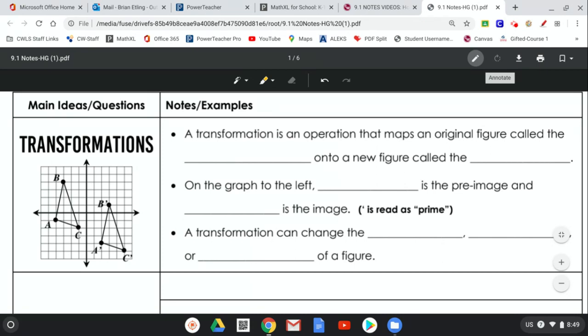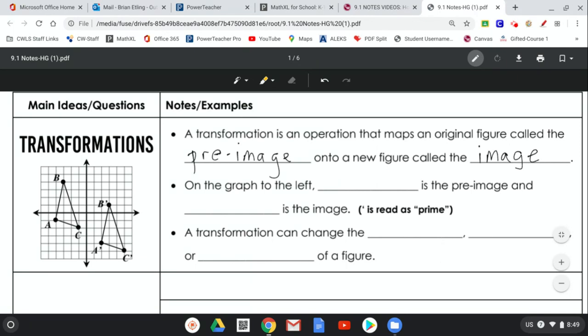So the original figure is what we call the pre-image. And then the new figure is called the image. I think about this as like taking a picture. If you are taking a picture on your phone, the picture that you have on your phone isn't actually that figure.